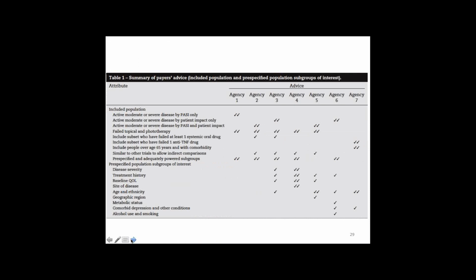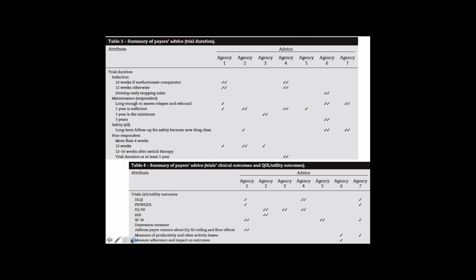is the payers' advice from, again, the 7 different agencies on what is the preferred population for the trial, and what is the subgroup of interest, and again the payers' views on trial duration, maintenance, and type of outcomes to measure.